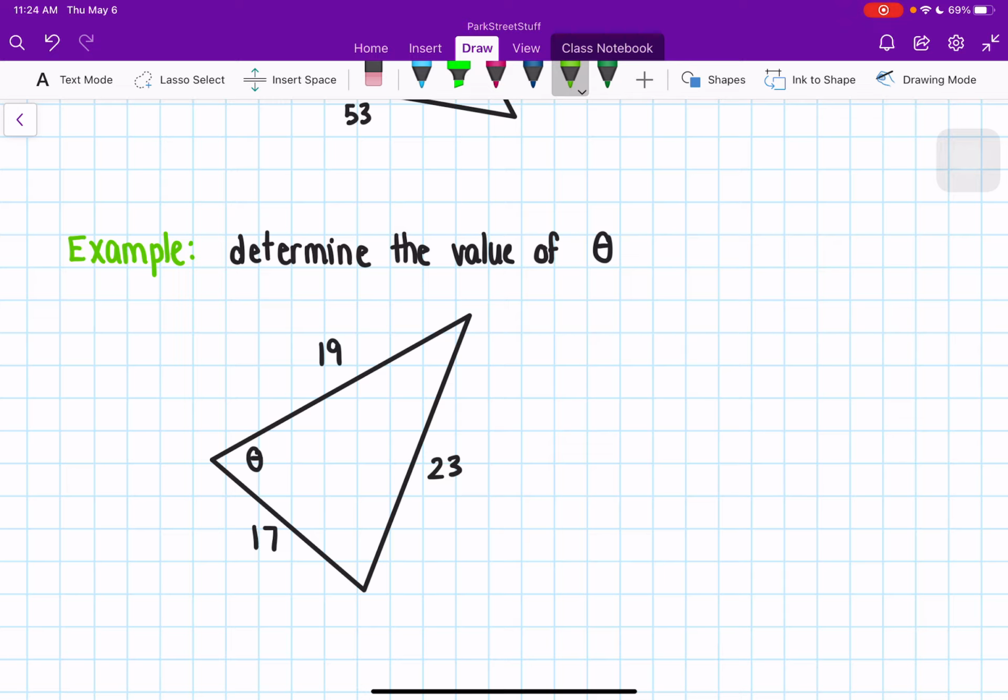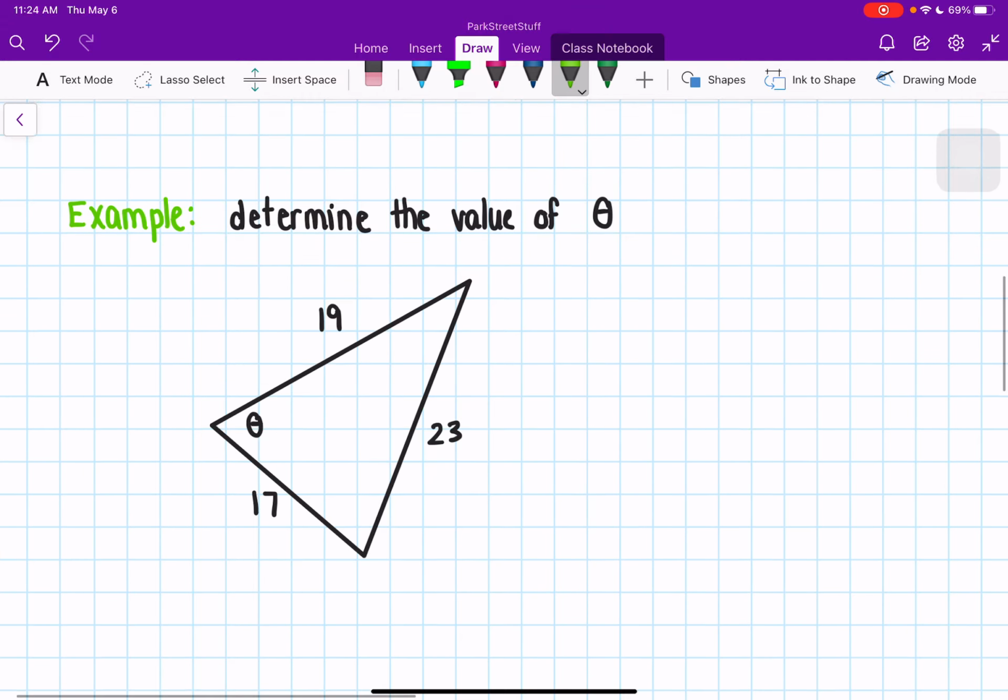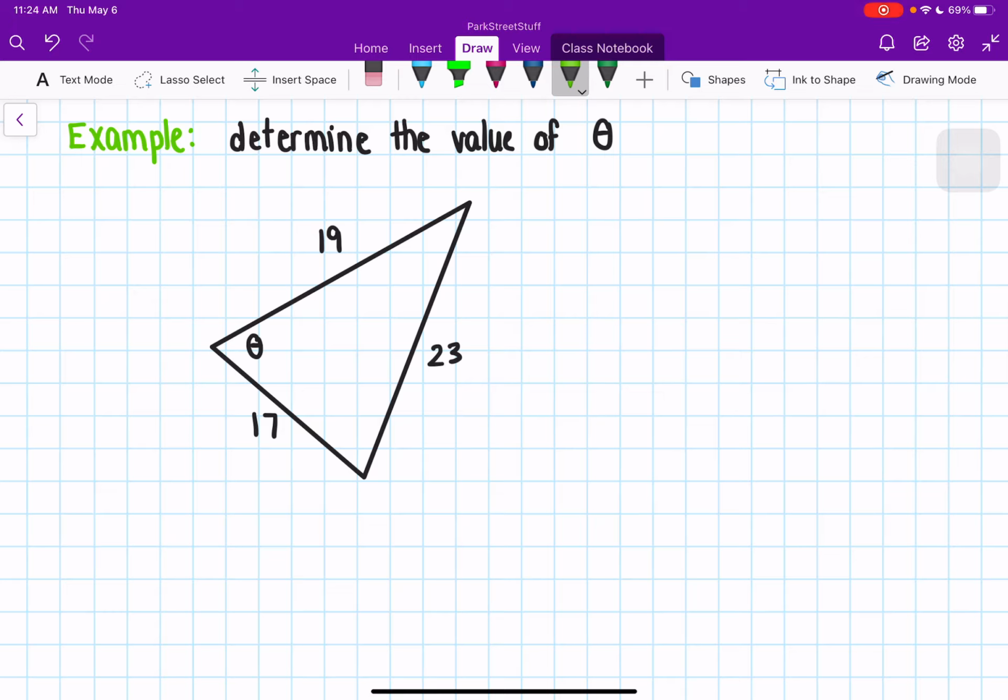Okay, so in this scenario, instead of solving for the missing side, we are now going to solve for a missing angle. So we've labeled our angle theta. Remember, this Greek letter here is theta. Okay, so because we want this angle, we're going to start with the opposite side, and that's important to remember about the way cosine law works.